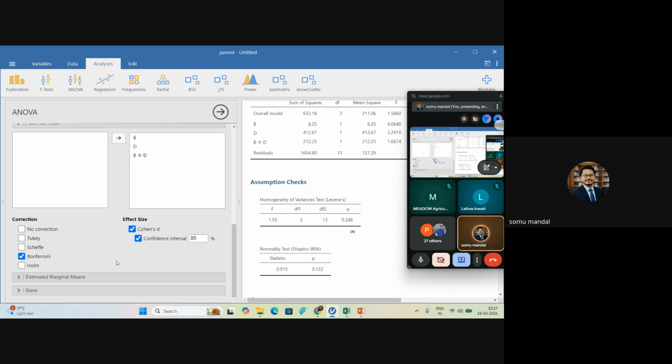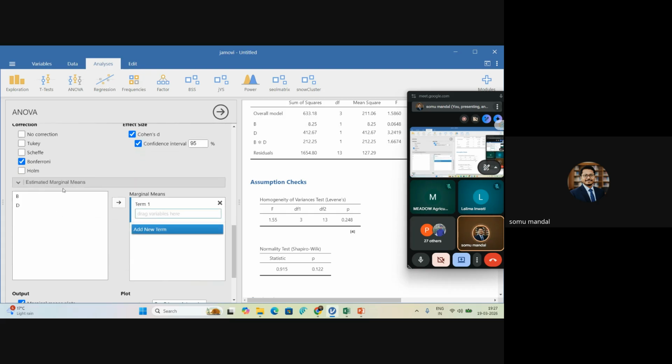You just write down in ChatGPT, in any kind of AI tools: please give me the details, information, and descriptions about the Tukey test. Then ask when or what are the criteria for using the Tukey test in post hoc test, Holm test, Bonferroni test, etc. You can also find out the estimated marginal means.